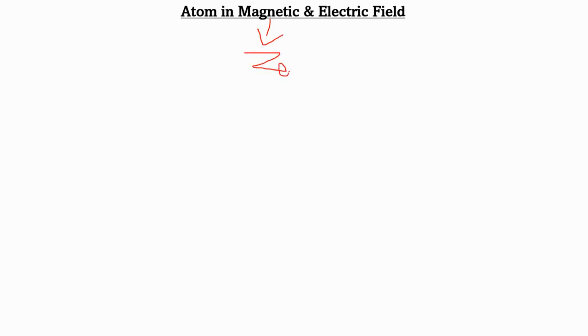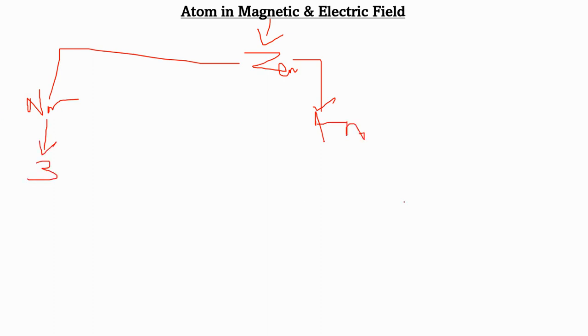In the normal Zeeman effect, one single spectral line was split into three lines, but in the anomalous Zeeman effect, it was split into a larger number of lines. There is no particular value.